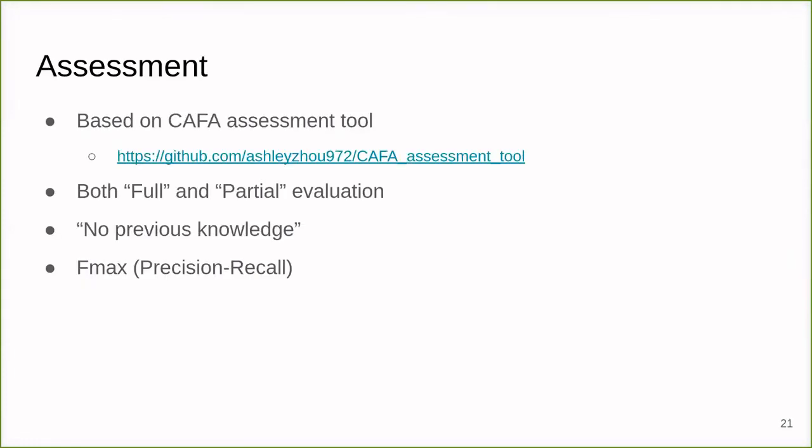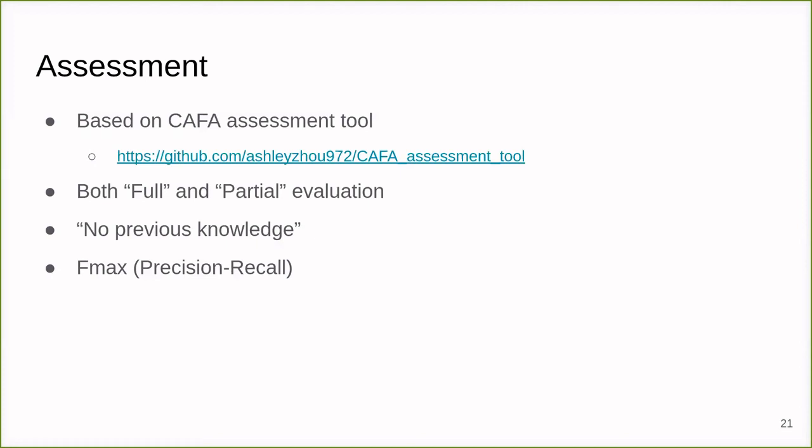So the results. The assessment has been performed using the CAFA assessment tool from the repository developed by the CAFA organizers. And we just modified that tool in order to work with the disorder ontology. We generate the ground truth in the proper format, and that's it. So we didn't reverse engineer the software or modify it.